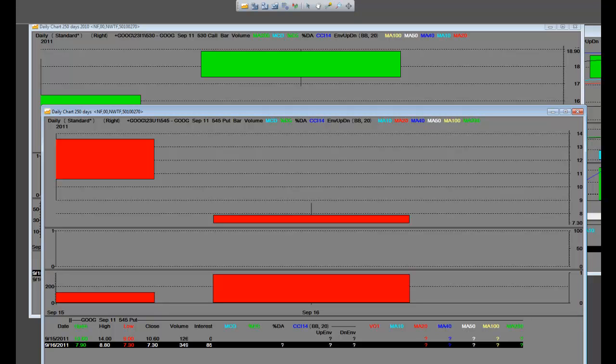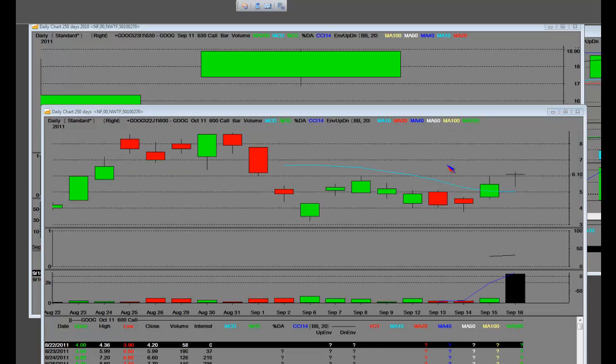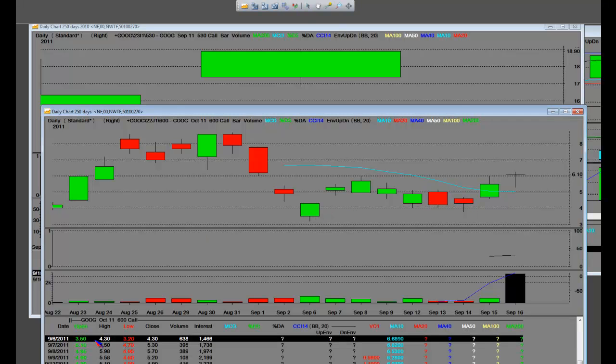And once again, they report their earnings on October 13th. And we know that if this thing wants to break higher, we already bought the $600 call right here. The low was $3.20. Our entry is $4 and some change. They don't have a lot of movement, but there's a good trade here because our entry is right in here.